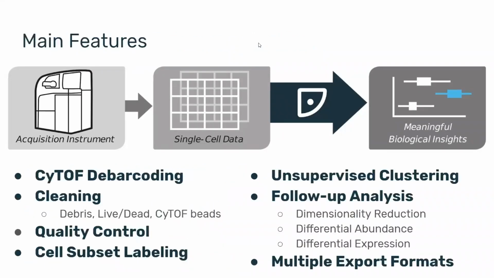The platform has many different features, starting with debarcoding for CyTOF data, cleaning for both CyTOF and flow cytometry data, a quality control dashboard that covers staining quality and sample quality, automatic cell subset labeling, unsupervised clustering, many different follow-up analyses, including dimensionality reduction, differential abundance, and differential expression analysis, and various export formats, some of which I'm going to cover later in this seminar.